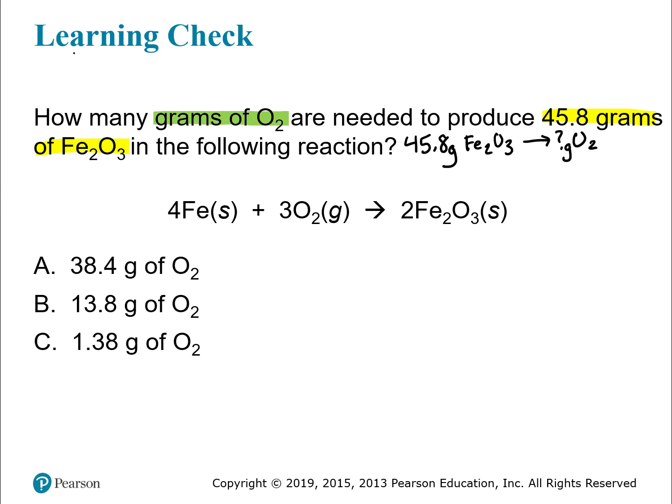So we're going to start with the grams of iron 3 oxide and convert that to moles. Then we're going to take that and convert it to moles of oxygen, and finally to grams.